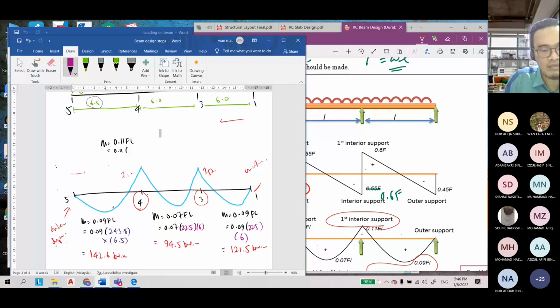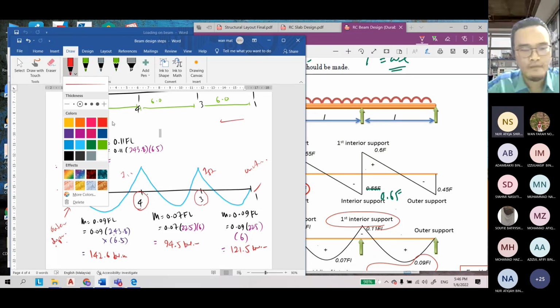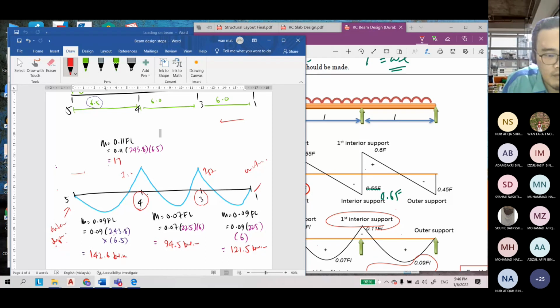The critical F is 243.8, and then L is 6.5. So what is the value of the bending moment at the support? 174.3 kilonewton meter.